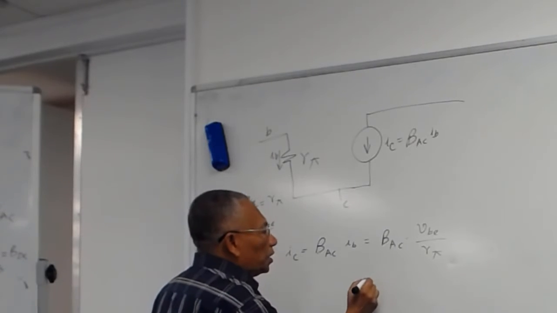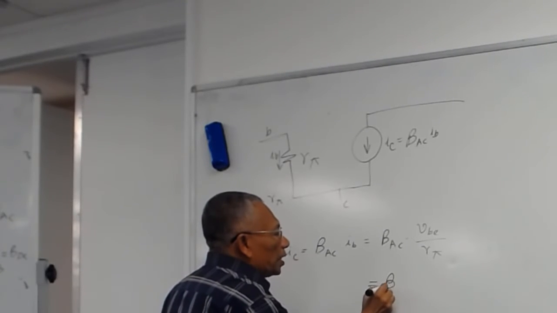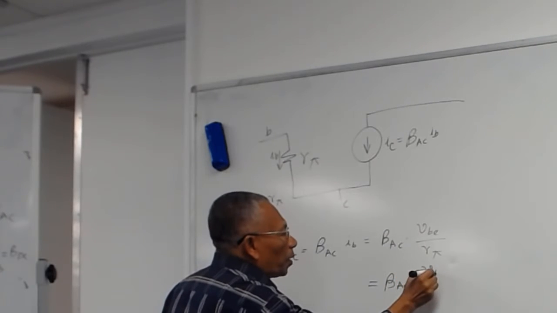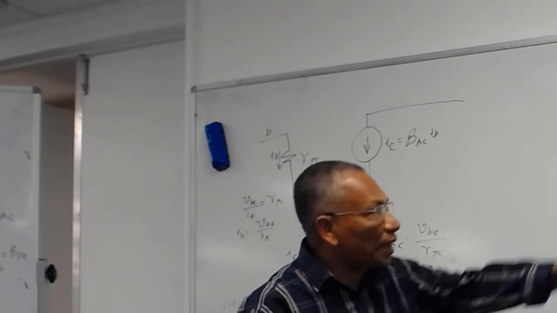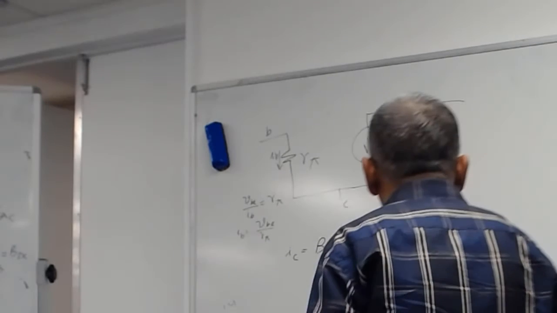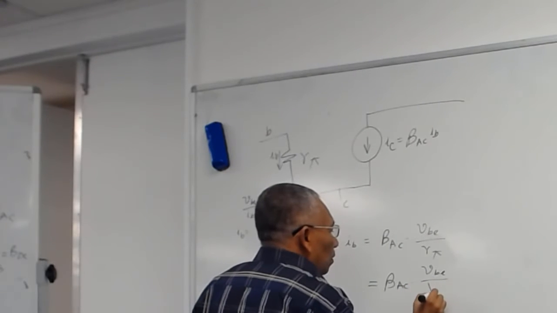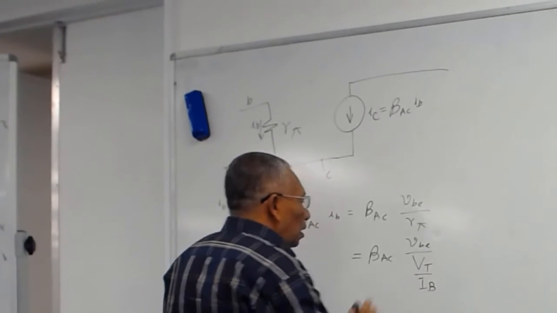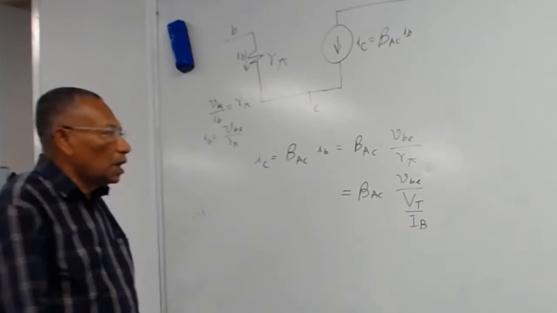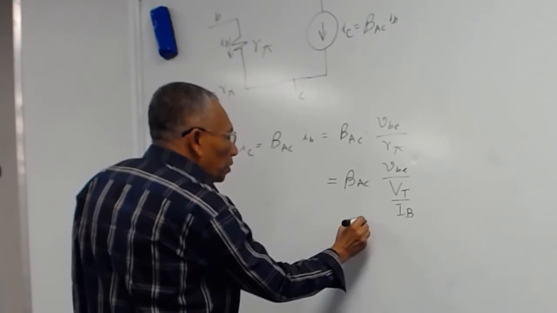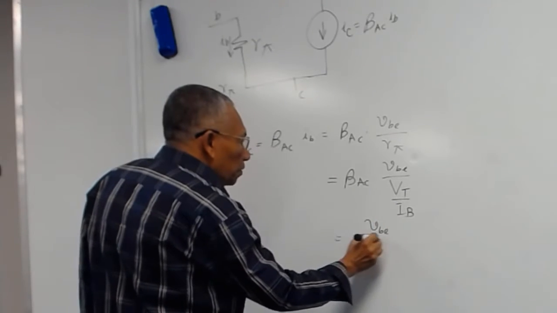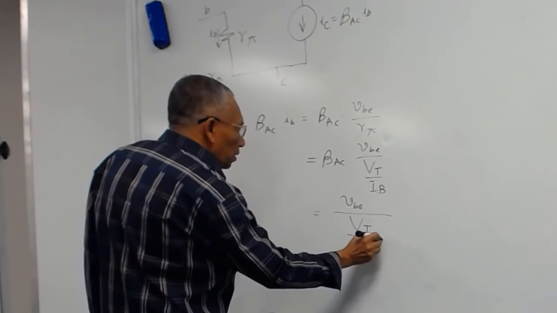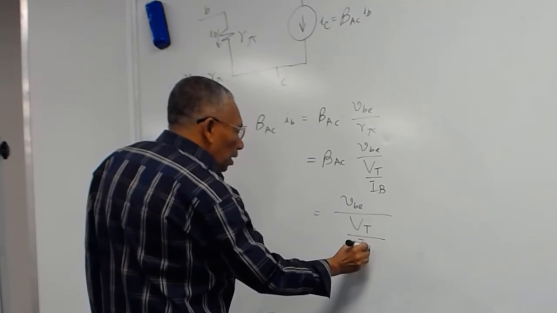Okay, then we dig a little deeper. Beta AC into VBE, you leave VBE here, there's not much you can do with it. R pi, you take that R pi here, VT by IB. And again, this is equal to VBE divided by VT divided by IB.